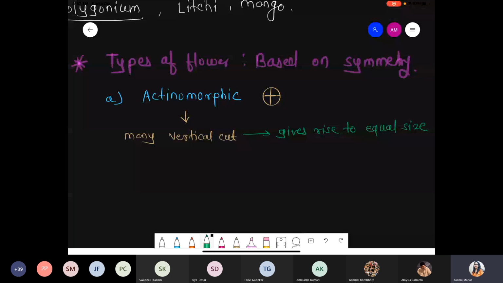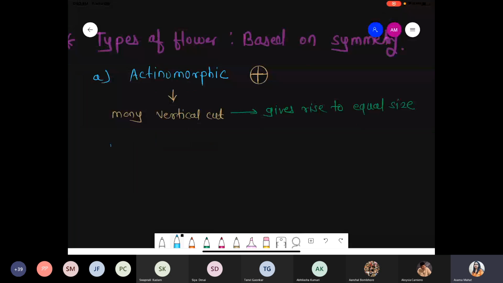Many vertical cut. If you give the many vertical cut and they give rise to equal size, that's why it is called as the actinomorphic. And such type of actinomorphic is very much common in case of the Brassicaceae family, that is mustard family actually.